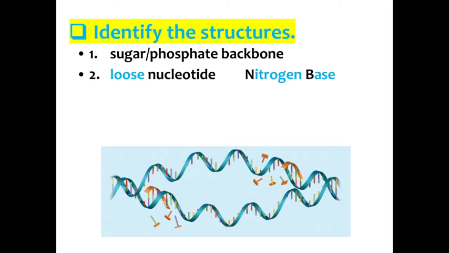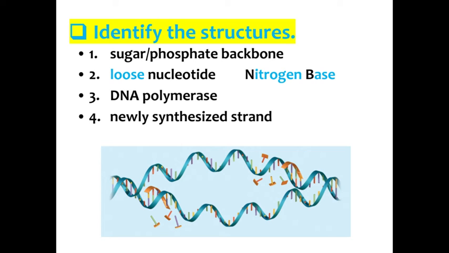The other is literally a nitrogen base hanging off the nucleotide. I did NB for nitrogen base, so you can abbreviate it. 3 is pointing to the enzyme DNA polymerase, that big gray blob that's actually adding the loose nucleotides to the synthesizing strand. And 4 is the newly synthesized strand that's being produced.